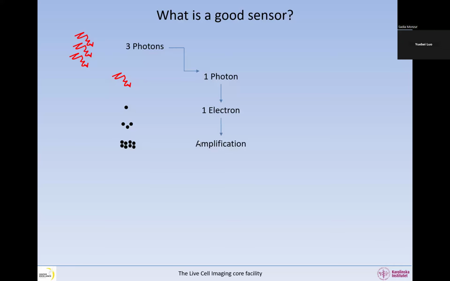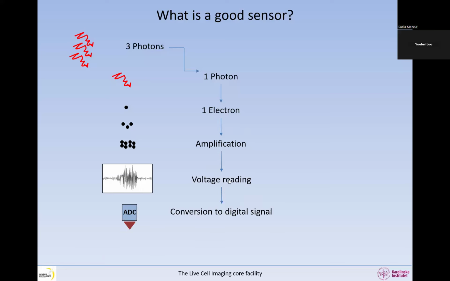After that, we're going to go through some amplification steps. So the electron is going to be somehow amplified in several electrons, and so this is to amplify the signal. After that, the voltage, because this is electron, so it's a current, so we can read the voltage. So we're going to read the voltage, and then after that, this voltage is an analog signal, which means it's a continuous signal.